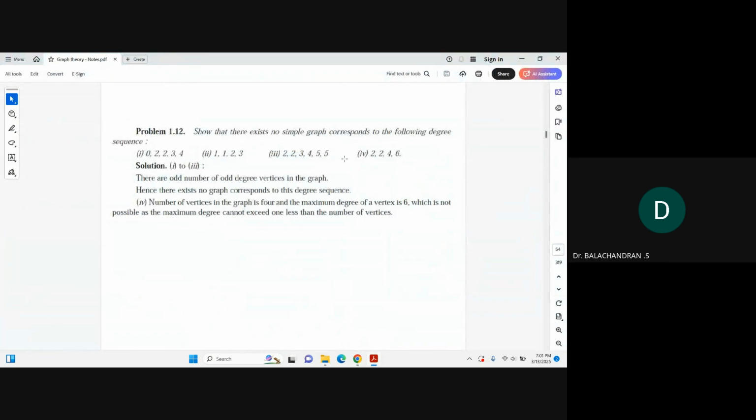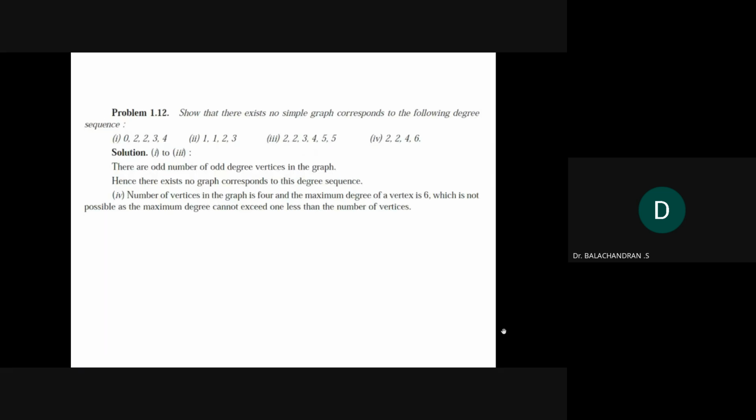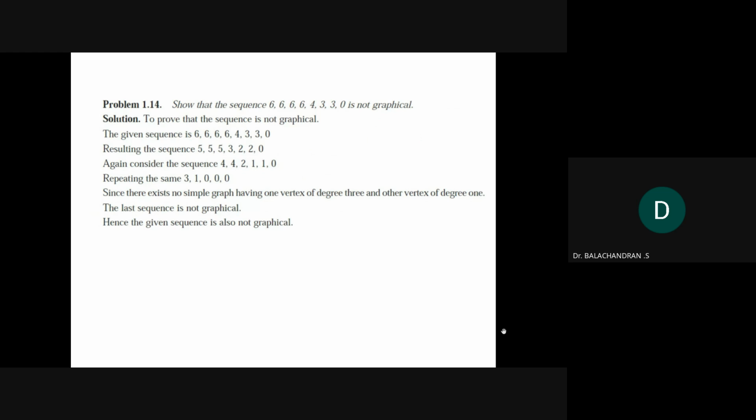So this is the last problem, problem 1.12 we discussed in the last class.